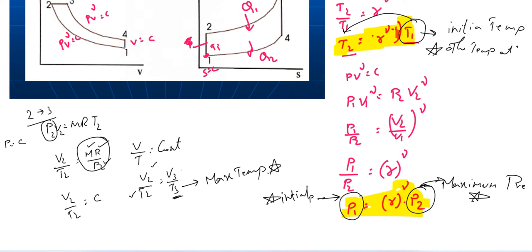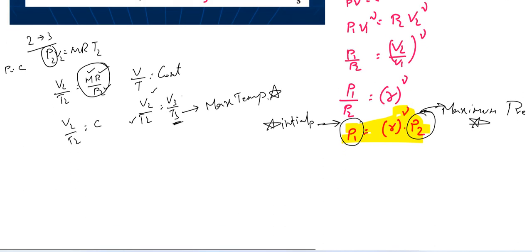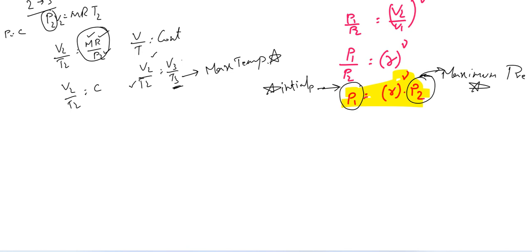It is one part, and the main part here is T3 by T2 equals V3 by V2. Any issue here? No issue. And as we all know, V3 by V2 equals the cutoff ratio.